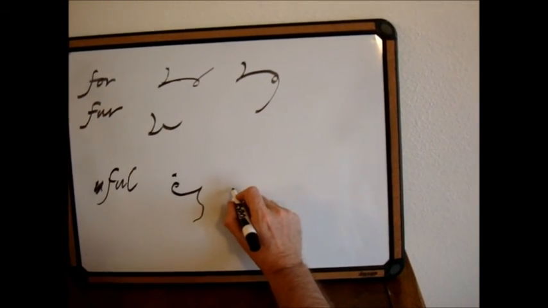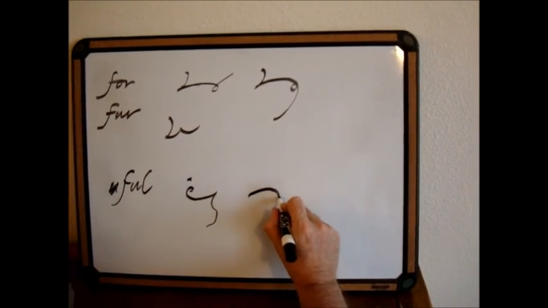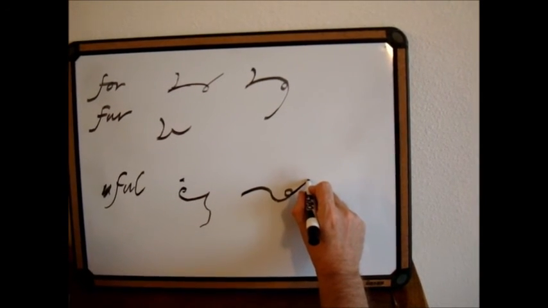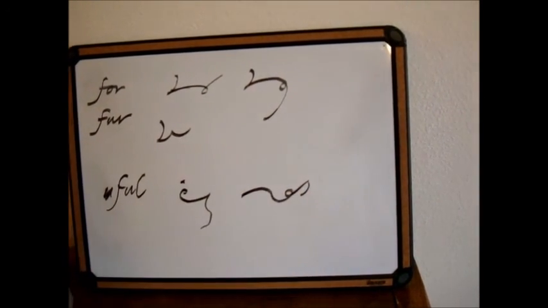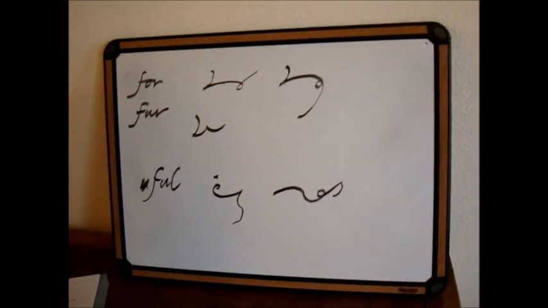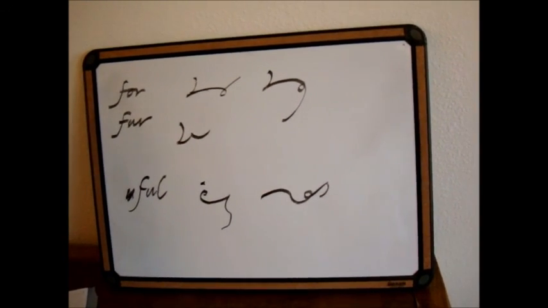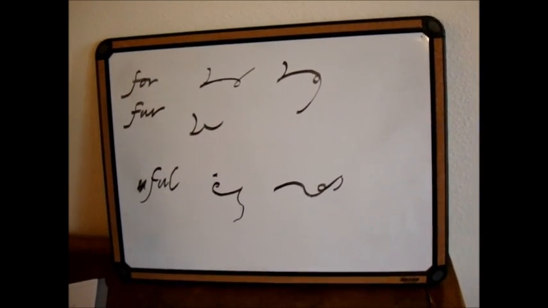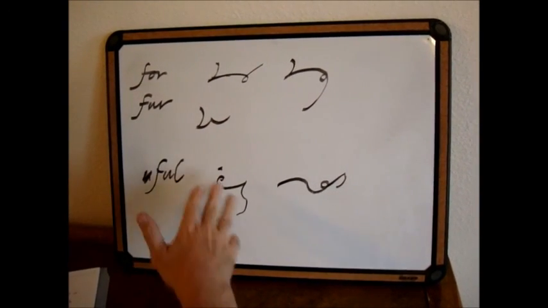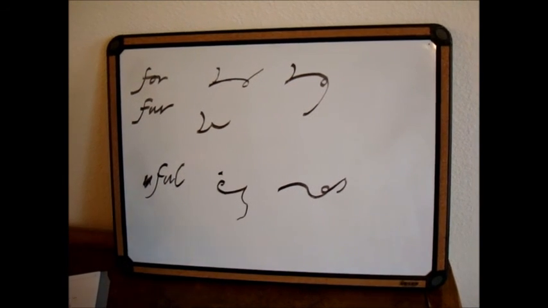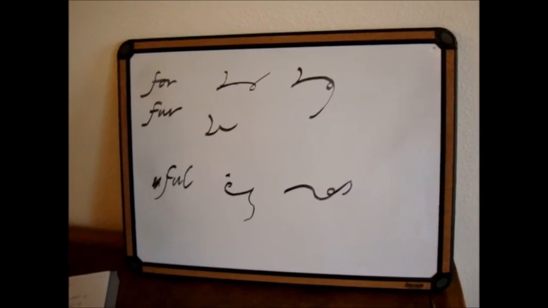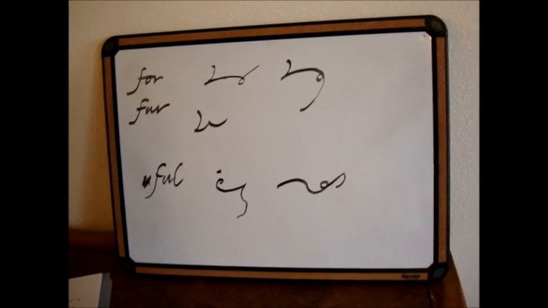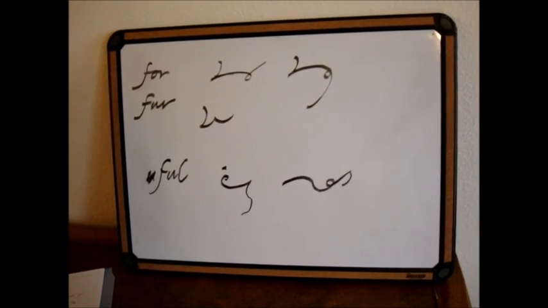If we had grateful, that would be G-R-A-T, and then we're going to add an F onto it. So grateful. There are your for, fur, and full words. You can go ahead and put those into your word list along with other full words that you might use, or for or fur words. And then we'll go on to the final elements.